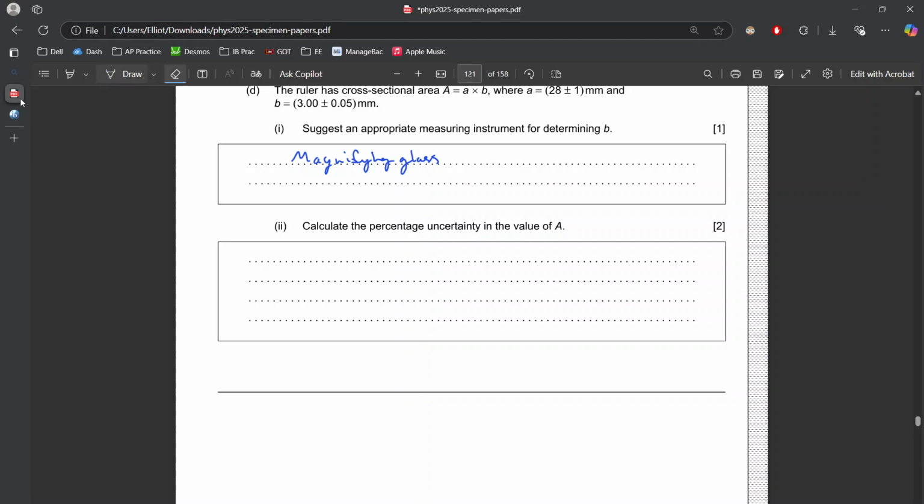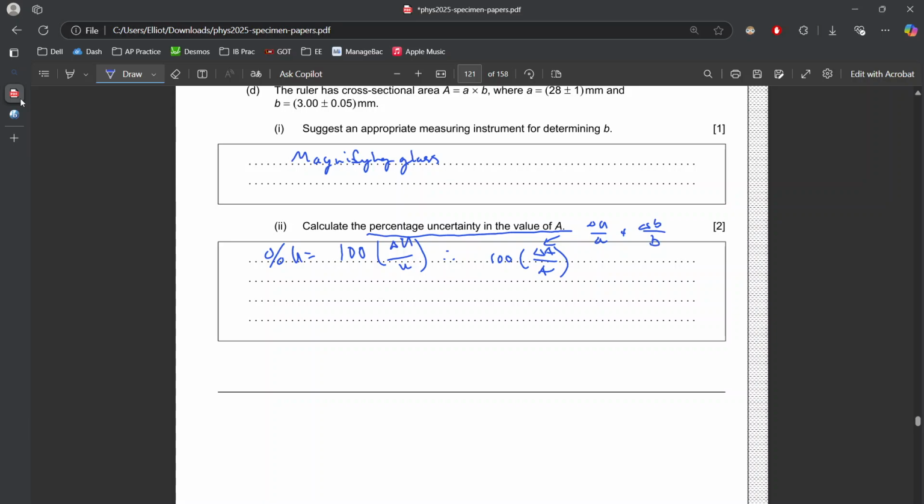Determine the percentage uncertainty of A. So percentage uncertainty is equal to 100 times the fractional uncertainty. So this means that what we're looking for, percentage uncertainty in the value of A, is going to be equal to 100 times delta A over A. But we know delta A over A, the fractional uncertainty, is equal to delta little a over little a plus delta b over little b.